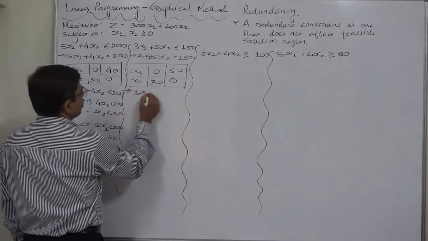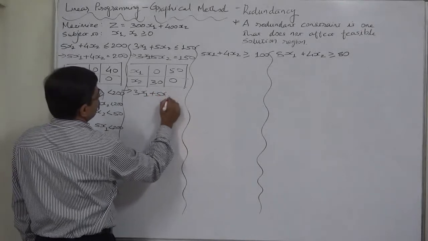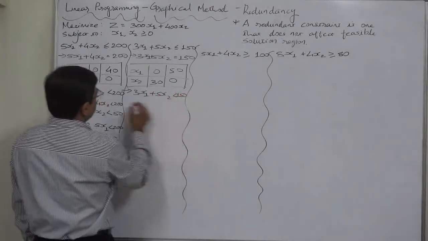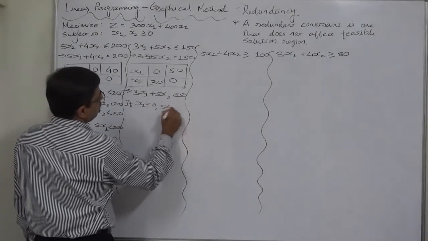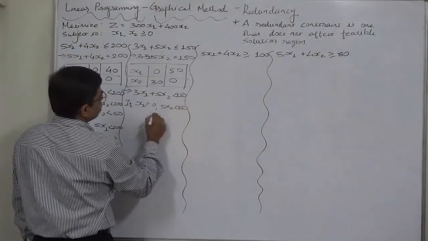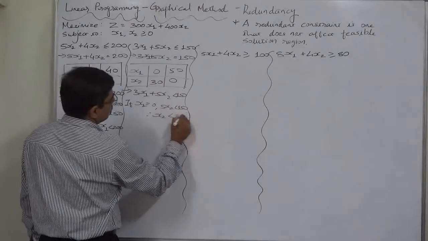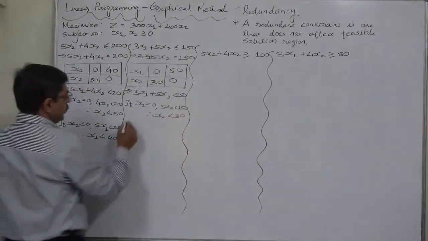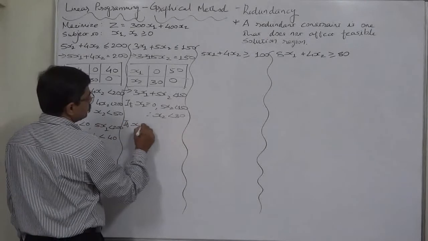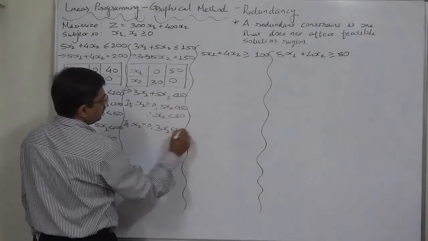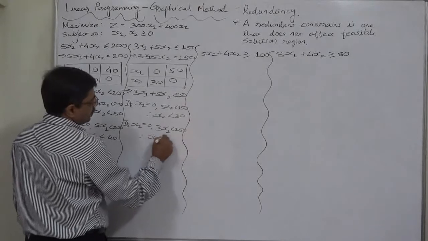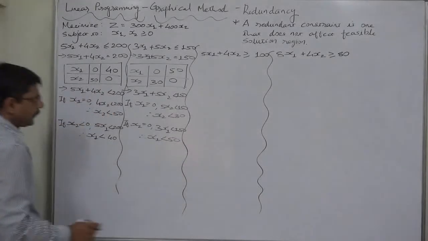Inequality will be 3x1 plus 5x2 less than 150. And if x1 takes value 0, then 5x2 will be less than 150, and hence x2 less than 30. If x2 takes value 0, then 3x1 will be less than 150, and hence x1 less than 50.